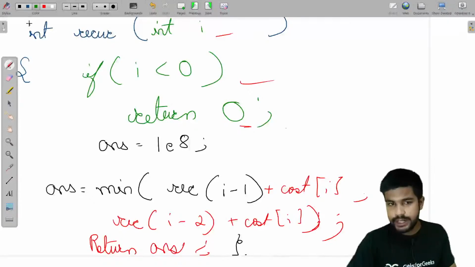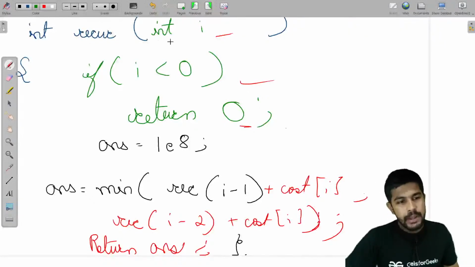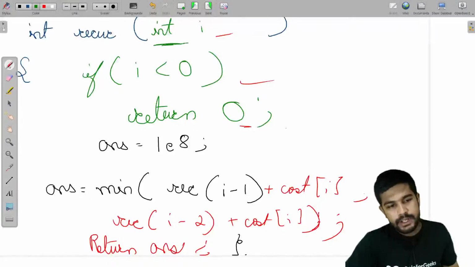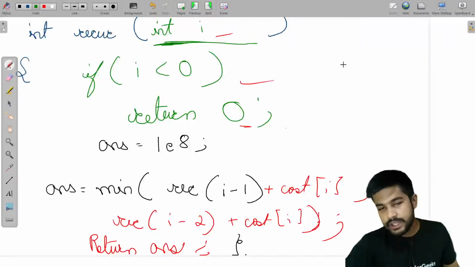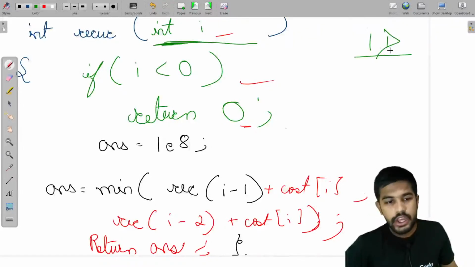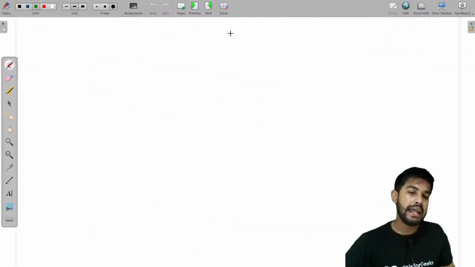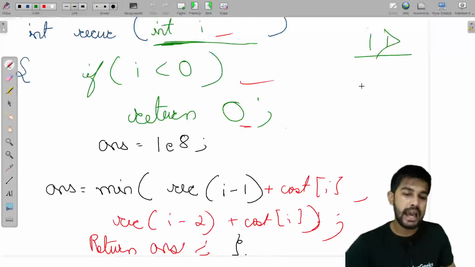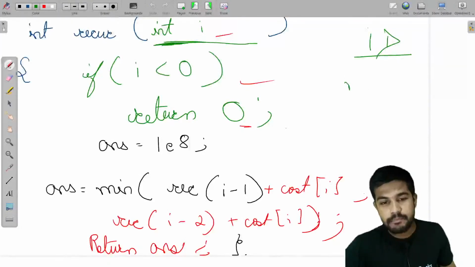The number of parameters tells you the type. The number of parameters is 1, so we would use a 1D data type. We would be making an array named memo.